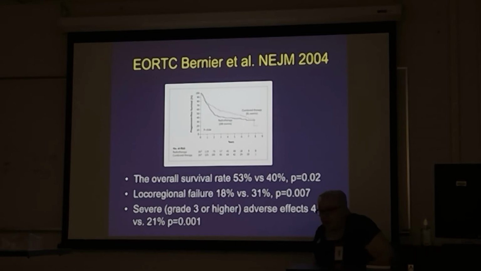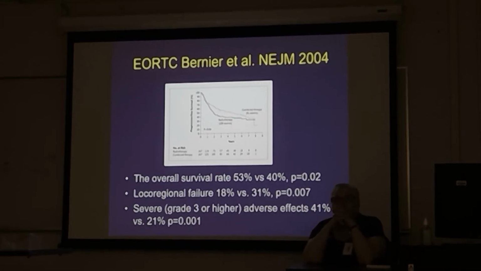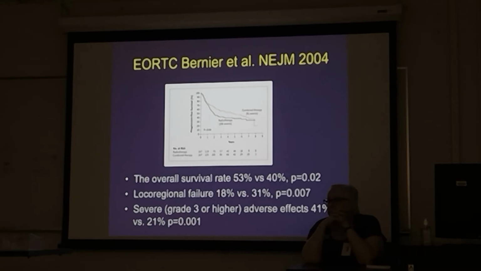So adverse effects are the effects of the treatment. Say we are treating, let's go with head and neck. Grade 1. It goes from 1 to 4 usually. So grade 1 would be a little difficulty in swallowing.